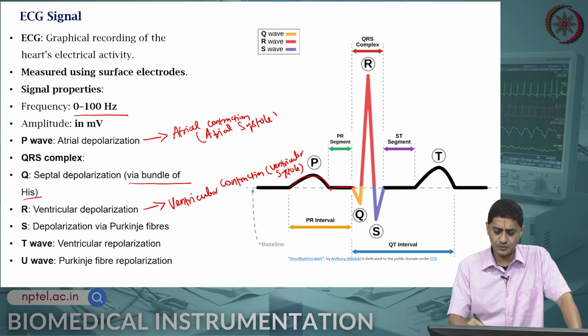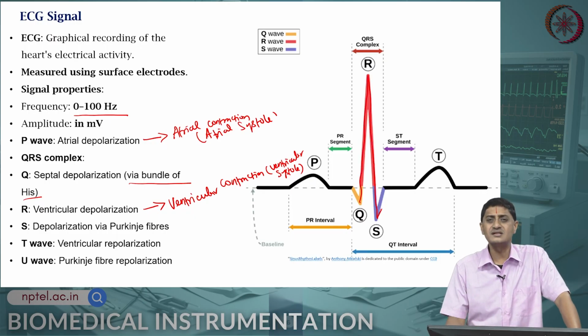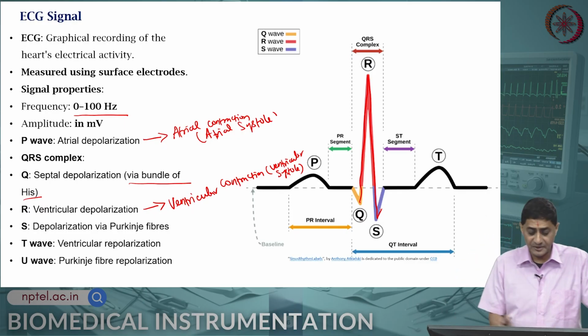So, this QRS essentially signifies the ventricular depolarization, and at around the point when you reach S, depolarization has happened through all the Purkinje fibers.